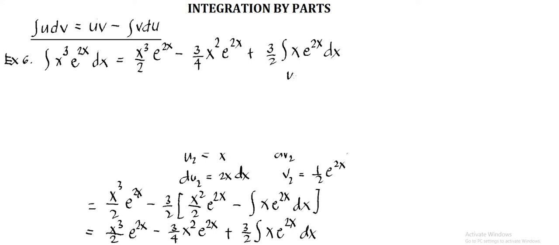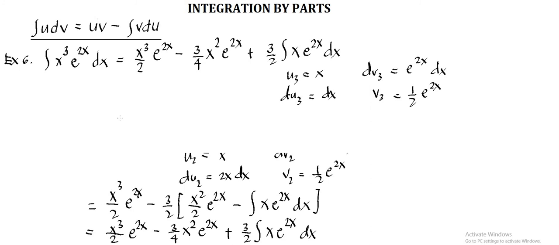So, let u sub 3 this time, equals x, and then dv sub 3 equals e to the 2x dx. So, du3 equals dx, and then v sub 3 equals 1/2 e to the 2x.